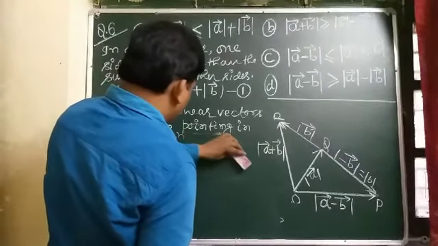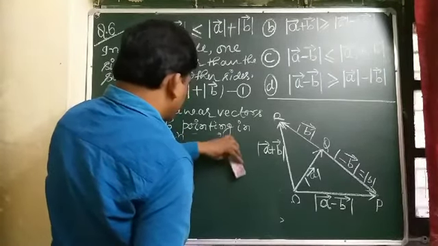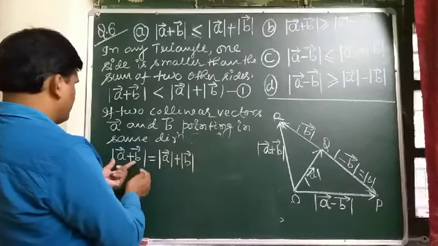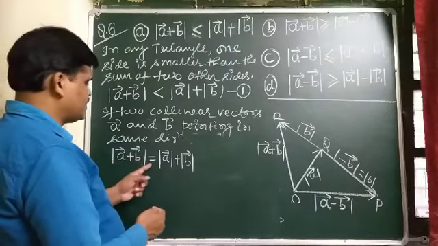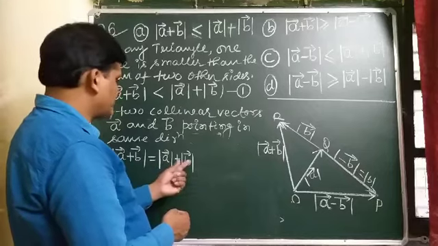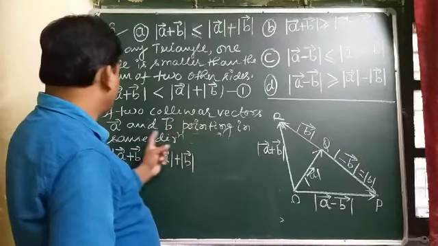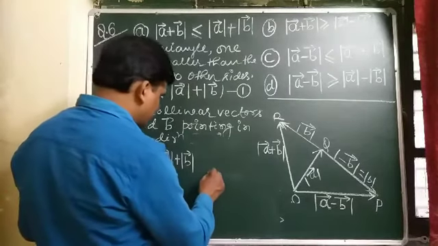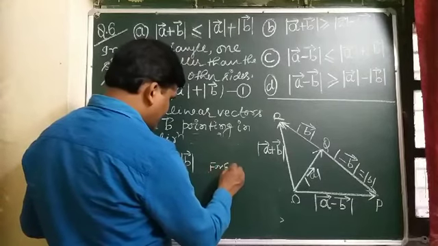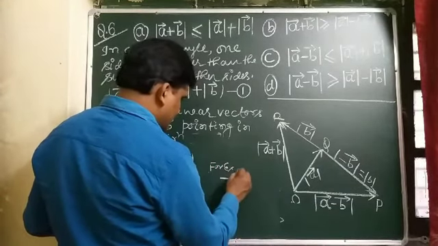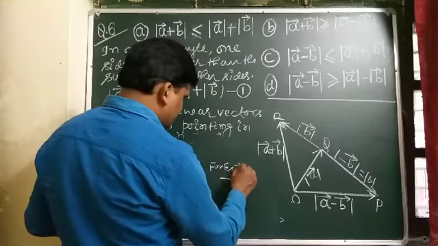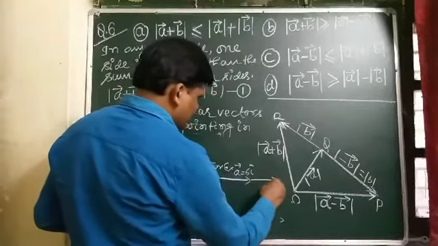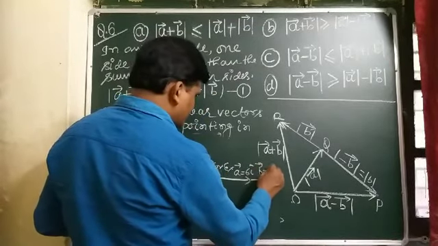So now I am going to explain this by taking an example. This is the equality sign: mod vector A plus vector B equals mod vector A plus mod vector B, if two collinear vectors A and B are pointing in the same direction. For example, student, suppose vector A is 6i cap along the positive axis, and collinear vector B is 2i cap.